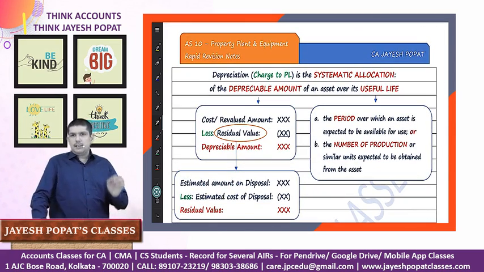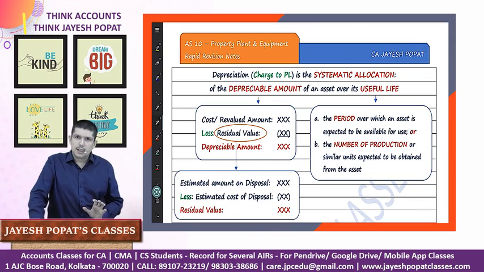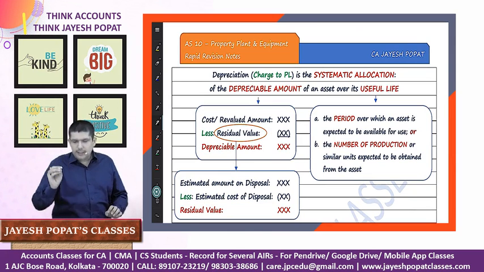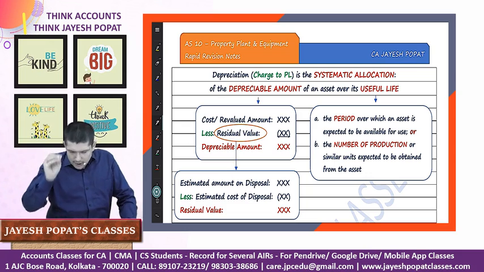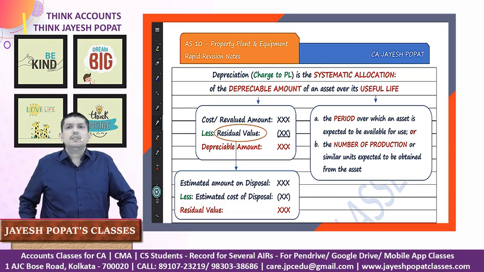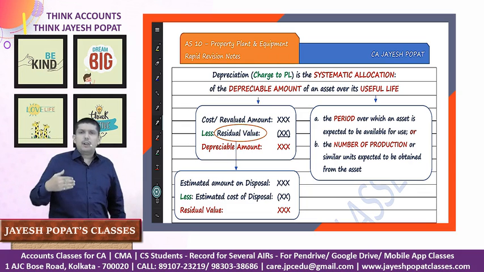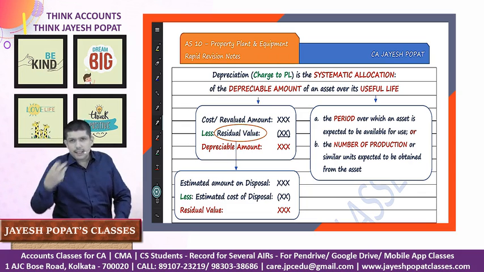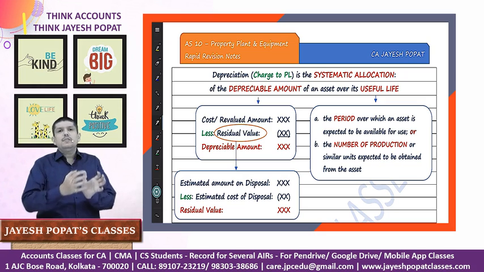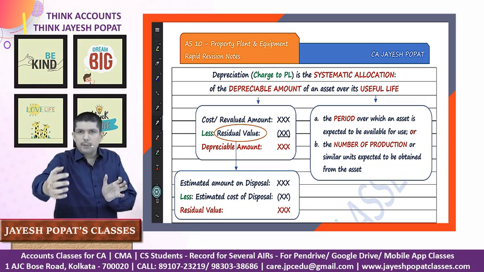We all know that depreciation is an expense that is charged off to the statement of profit and loss. Understand the concept. The expenditure which I incur after acquisition of a PP is normally known as a capital expenditure. Why do we call it capital expenditure? Because it is an expenditure, but the benefit of this expenditure I will get over a long period of time.